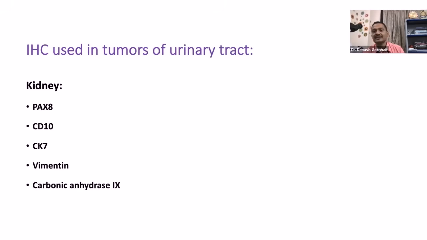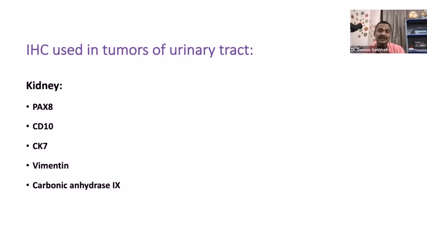Now another tumor that is very common is in the kidney. Now we are talking about genital, so we'll talk about the uro part also. In the kidney, certain markers will first of all help you confirm the tumor. Then, you know, what tumor is most common in the kidney? It is renal cell carcinoma, right? But again, you have to recall that renal cell carcinoma has different subtypes.